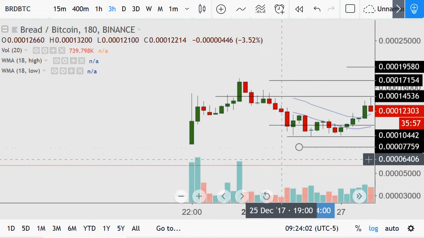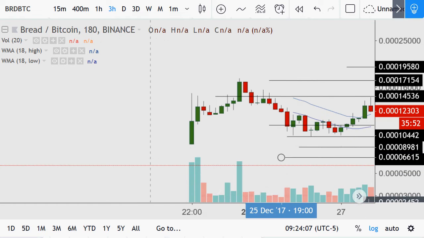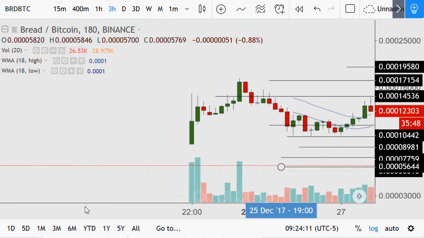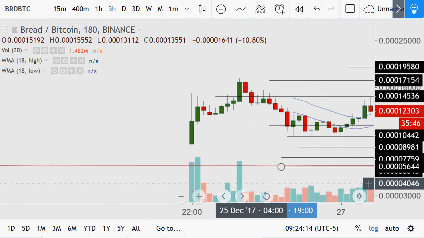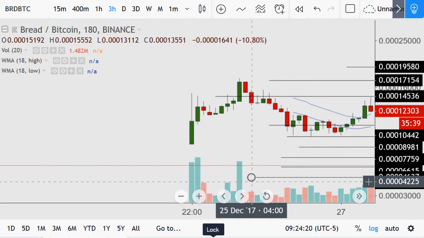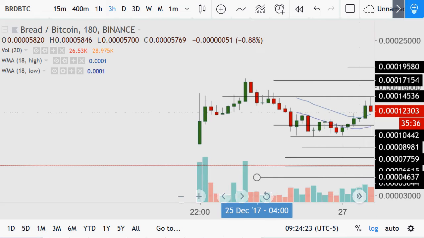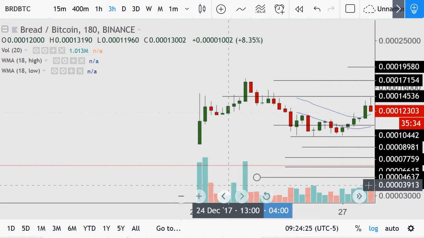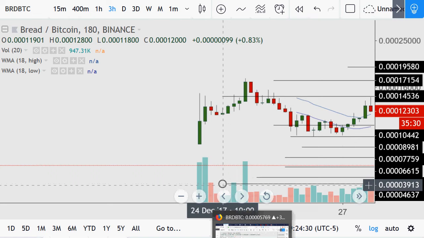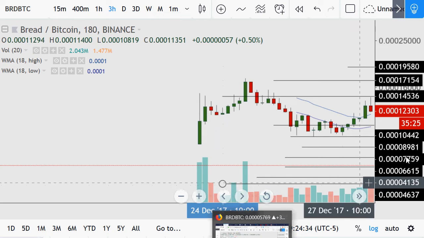Below that, we want to go in the 6,000 area, so around 6,615. Below that, we're going to go in the 5,000, so 56.44. Below that, we'd be going about 48, 47. And then below that would be about 4,000, and then I'm not going to put any more below that. But it would be like 3,500 and then 31 and then so on and so forth.